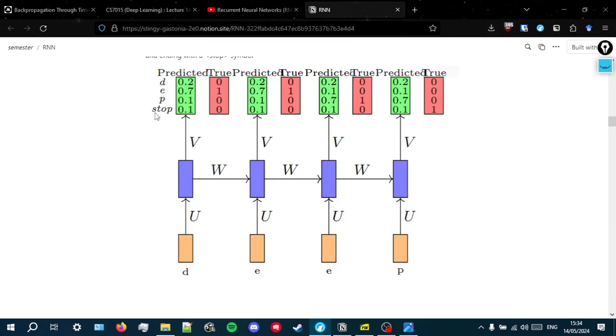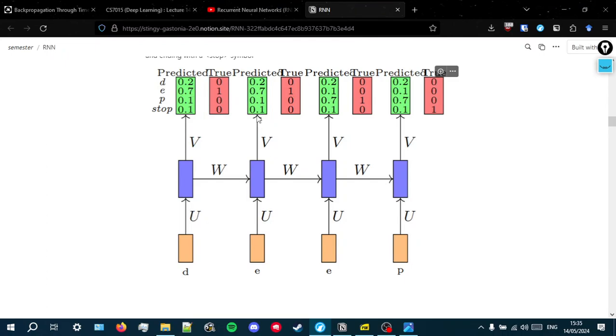So our vocabulary is D-E-P and stop as an end of sequence, and we're trying to predict the sequence of letters depending on the input. So in the first input, we have D, and we're supposed to predict 1 0 0 0. There's a mistake in this diagram.